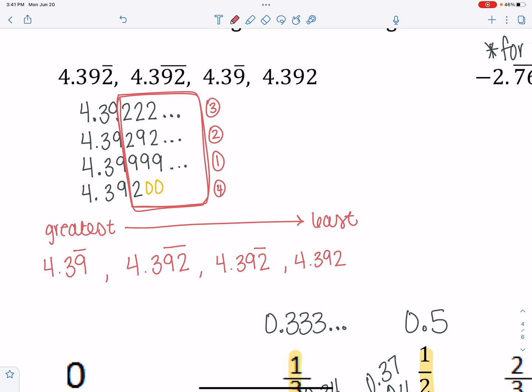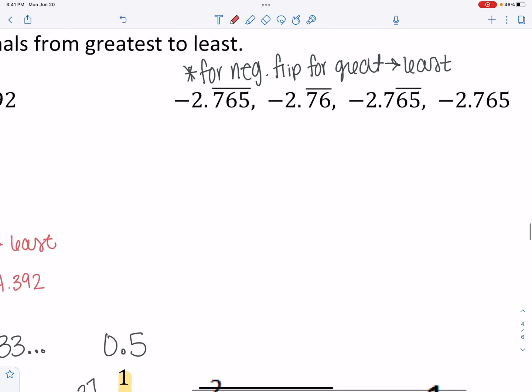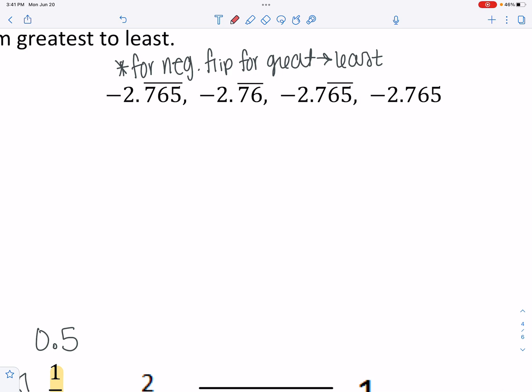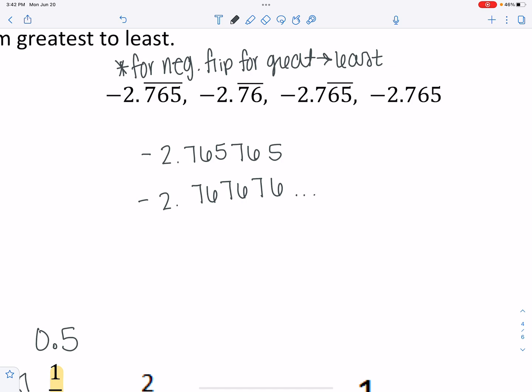On the other side, we're going backwards. Remember that with negatives, you are flipping. So I'm going from greatest to least, but because they're negatives, they really go in reverse order. I'm going to write these out with the decimals lined up, writing them as their repeated digits expanded without the bar.